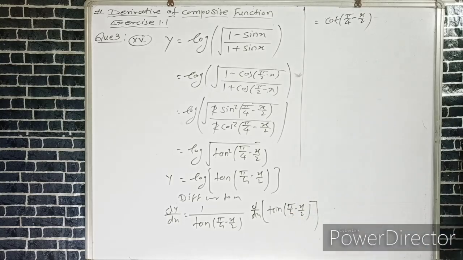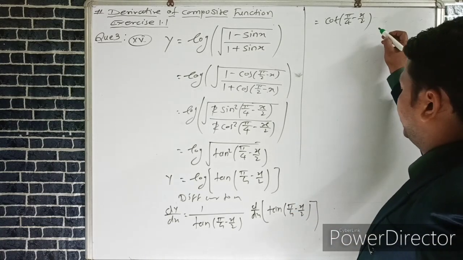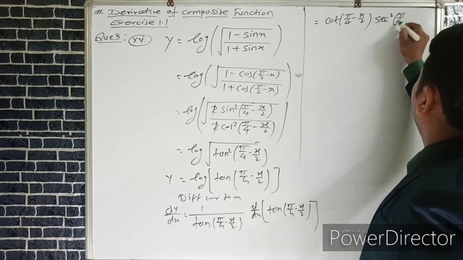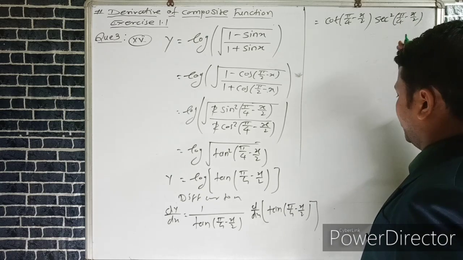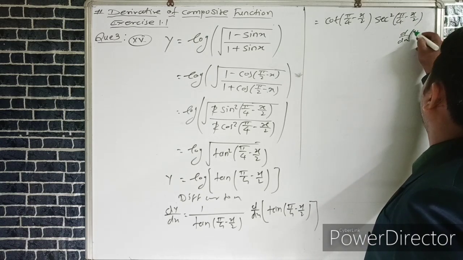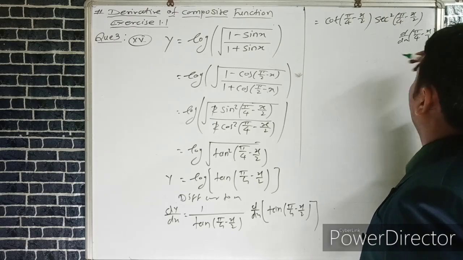The derivative of tan x is sec square x. Hence we can write derivative of tan x is sec square of pi by 4 minus x by 2 into again the derivative of pi by 4 minus x by 2.